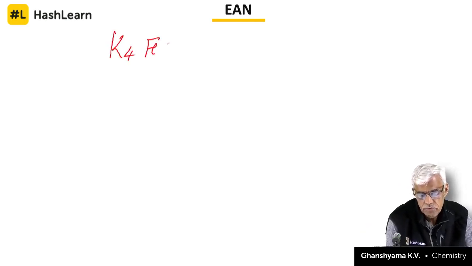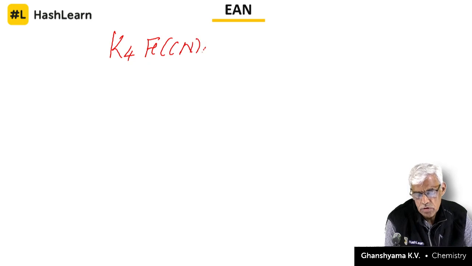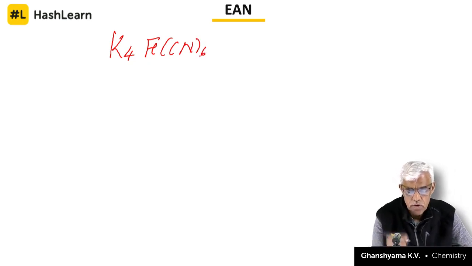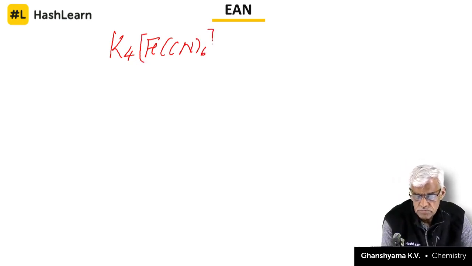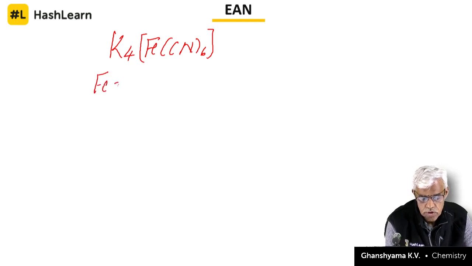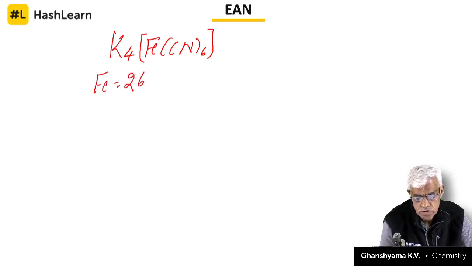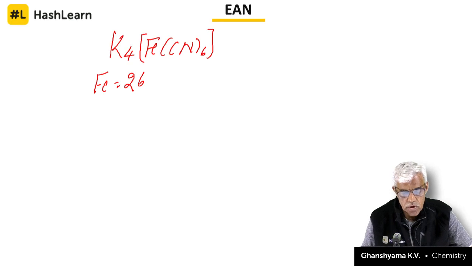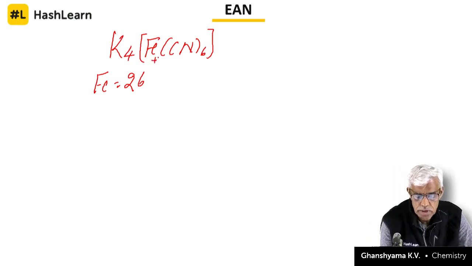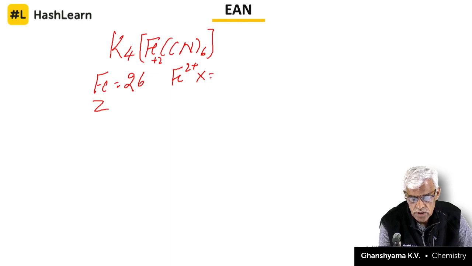K4[Fe(CN)6]. Atomic number of Fe is 26. Here it is present in +2 state, Fe2+, therefore Z is equal to 26, X is equal to 2.